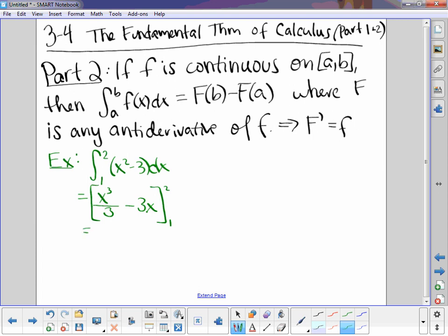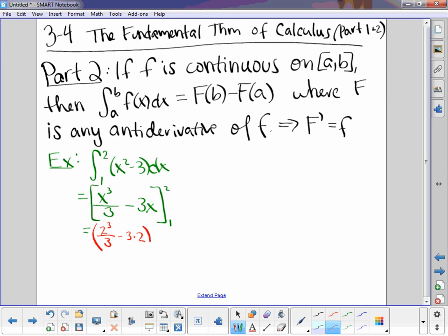Okay. So now, according to this, we do the antiderivative at b, the upper bound, minus the antiderivative at a, the lower bound. So I'm just going to literally take 2, put it in, so 2 cubed over 3 minus 3 times 2.